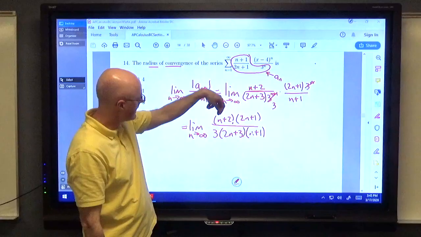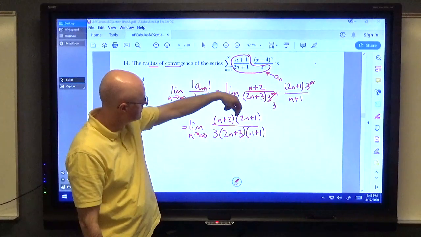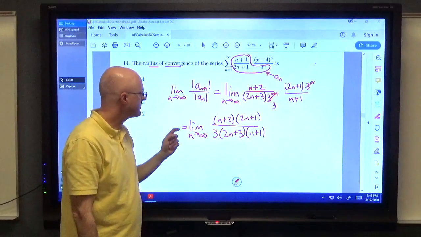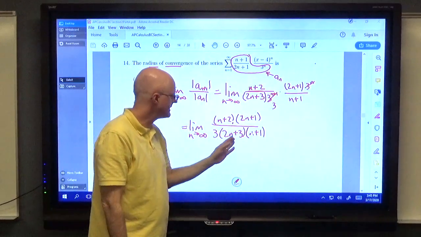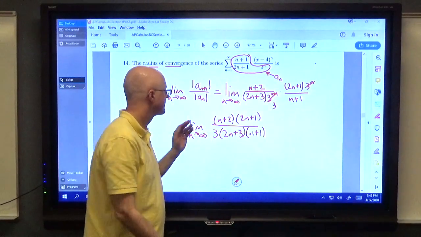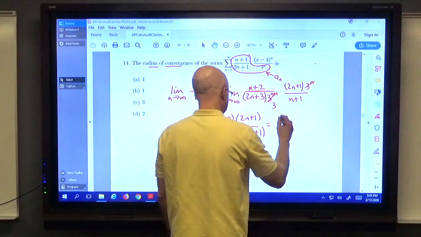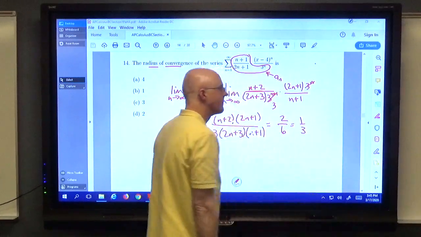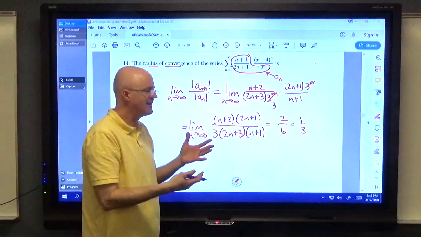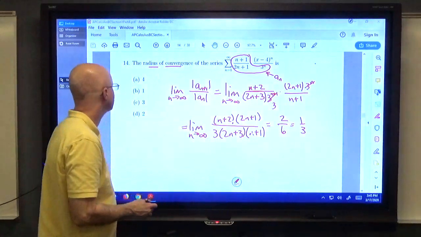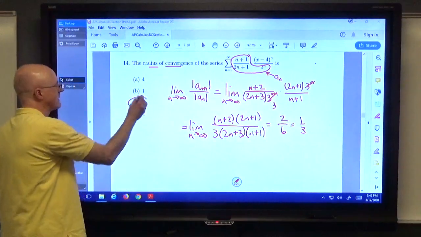The top one, n squared term, would have a coefficient of 2, coming from n times 2n squared. The bottom one's going to have a coefficient of 6. You've got 2n times n gives you 2n squared, times 3 is 6n squared. So this limit can be found to be 2/6 or 1/3. Okay? You could expand it all out, use L'Hopital's rule, but you don't need to. It's going to save time if you just know that fact. Take the reciprocal of that, the answer is going to be C.